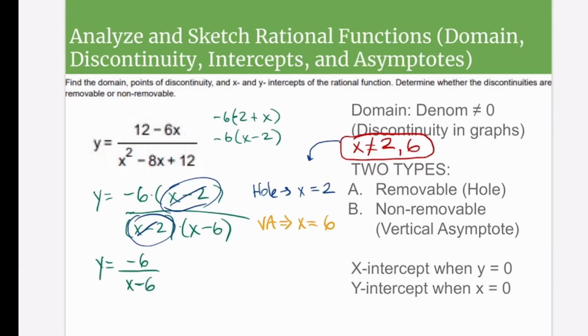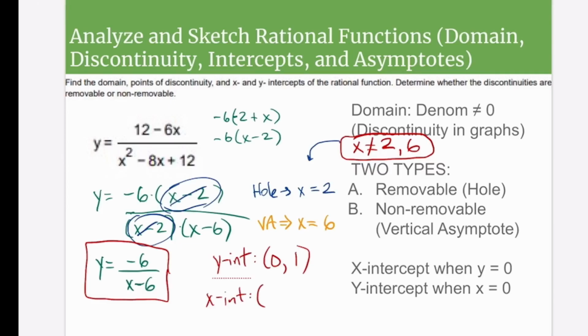So now we have to find the intercepts. To find the y-intercept, we take our simplified equation and we plug in x is 0. So when x is 0, we get negative 6 divided by negative 6, which is positive 1. And to find our x-intercept, we have to figure out what is the x value when y is 0. So we did this before.